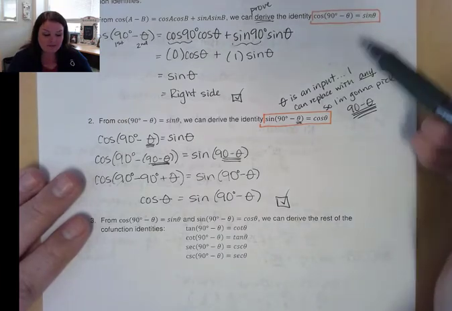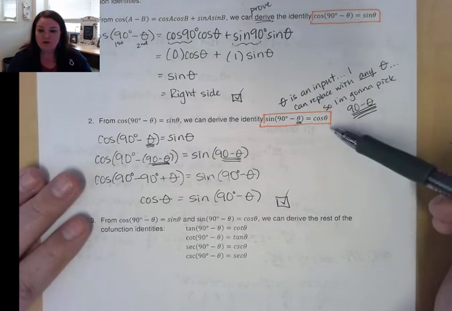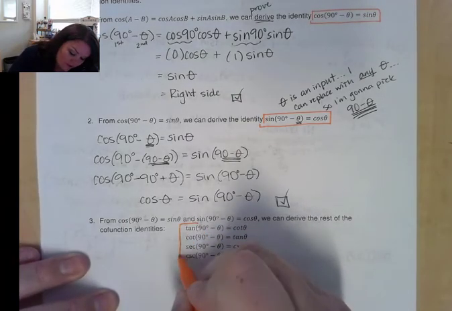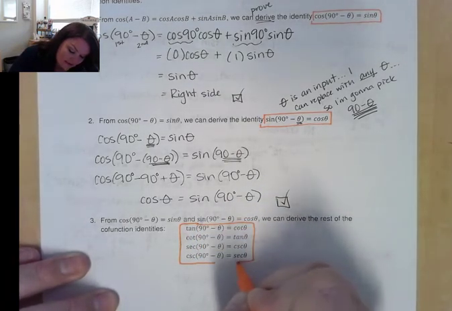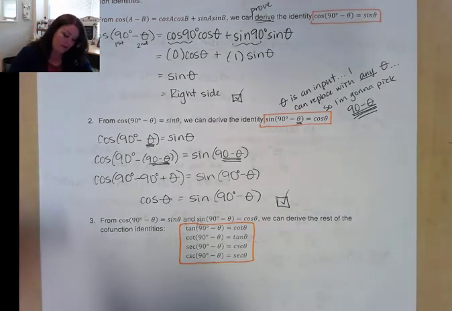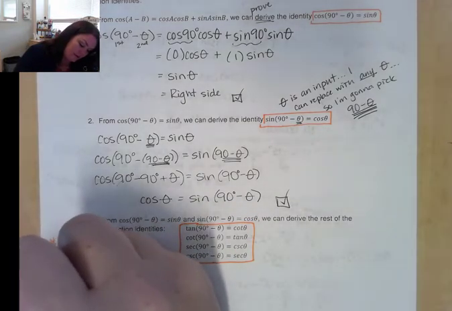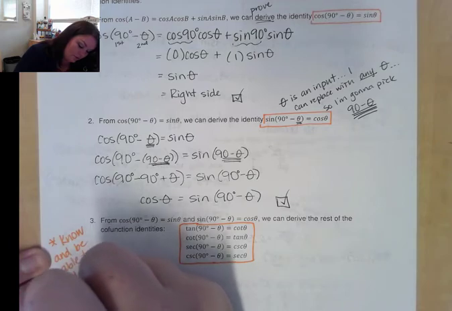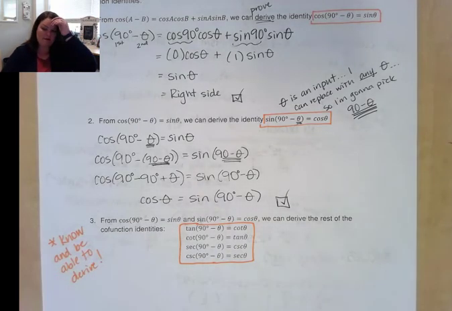Now that we know these first two to be true, we should be able to derive all these other ones. And this is something that I would expect you to be able to do, okay? I'm just going to say know and be able to derive, okay?